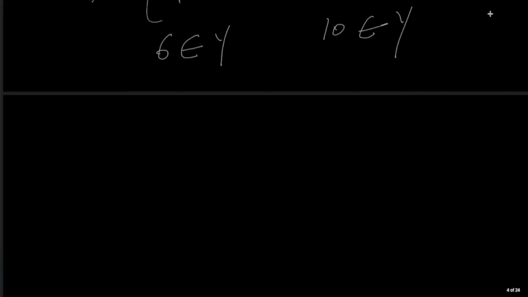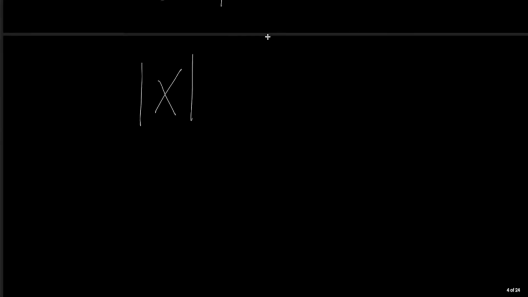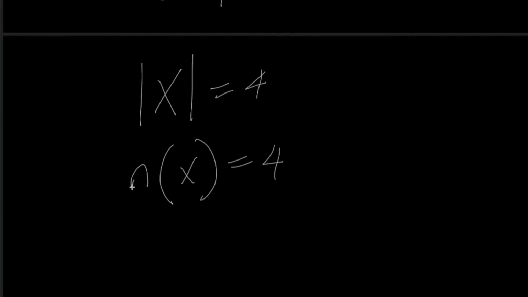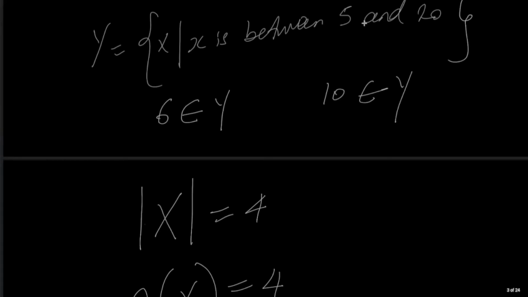As I've explained before, the cardinality of a set is the number of distinct elements in the set. That could be represented as this. This is the cardinality of X. Like this is 1, 2, 3, 4. That is, we have 4 as the cardinality of X. Sometimes, some people use this to represent cardinality, that is the number of elements in X. Like here now, we can ask you to find the cardinality of Y. From 5 to 20, that is 16.